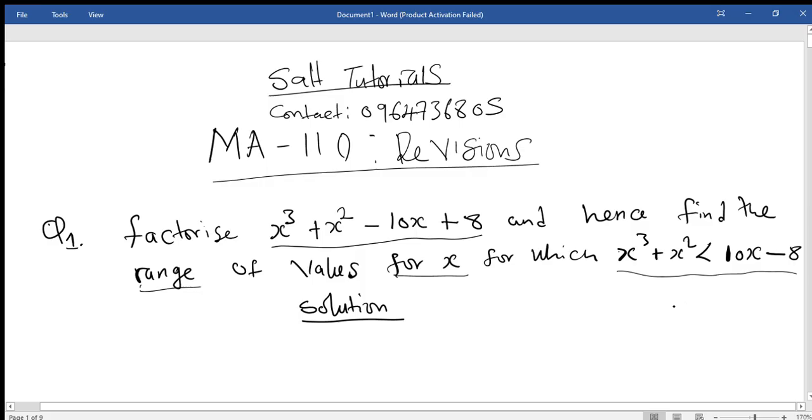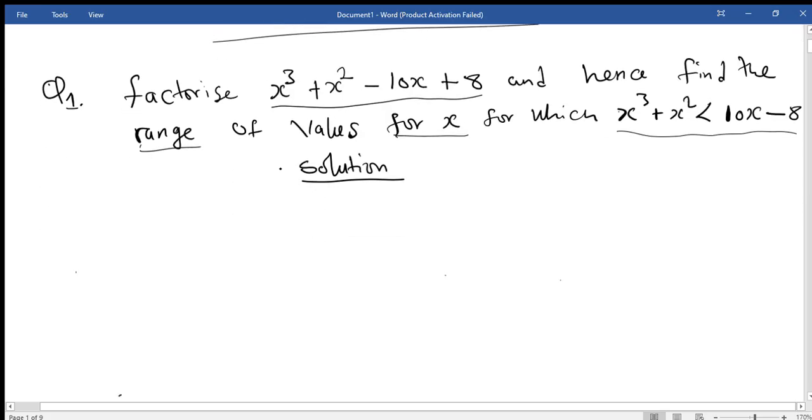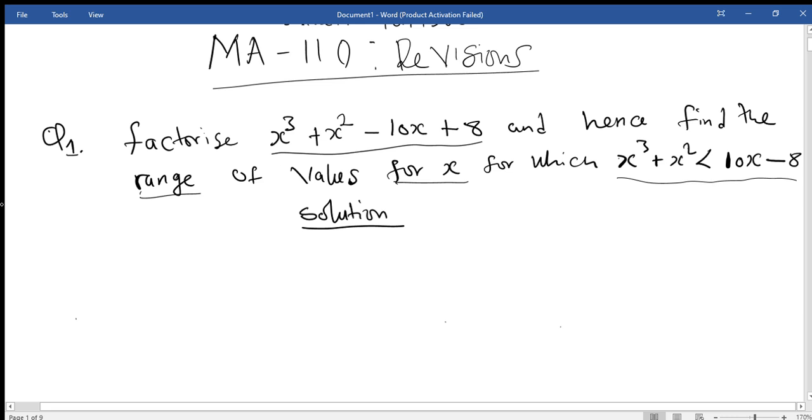So what is the concept there? Number one, you need to know how to factorize polynomials. Factorizing polynomials, we are getting it from the knowledge of the rational root theorem.